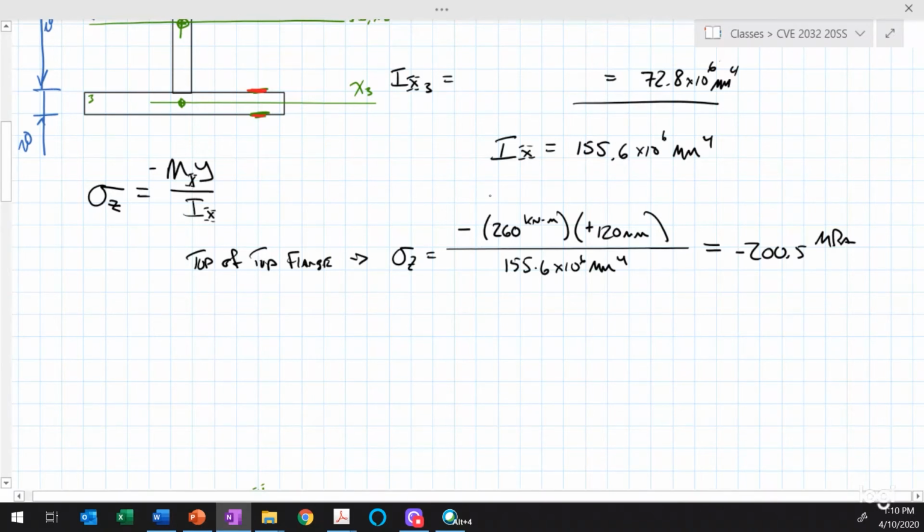So when I type this into my calculator, I type in 260,000 kilonewton millimeters, and then the result that I get is minus 0.2005 gigapascals. So then I make that conversion to move the decimal place to get megapascals.